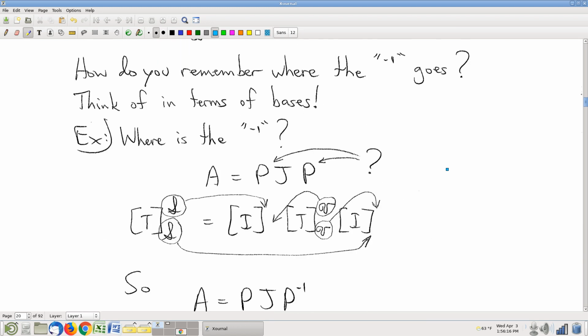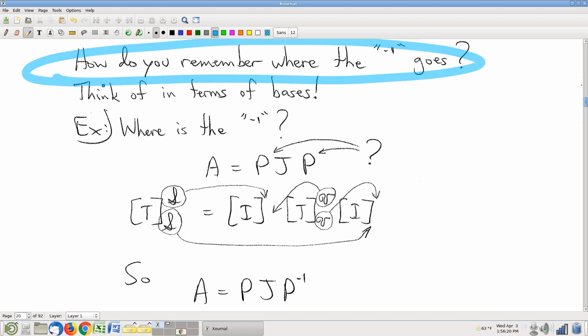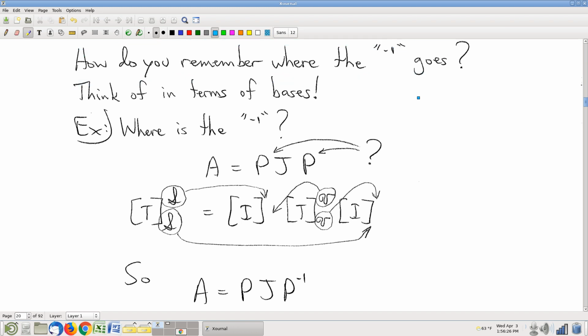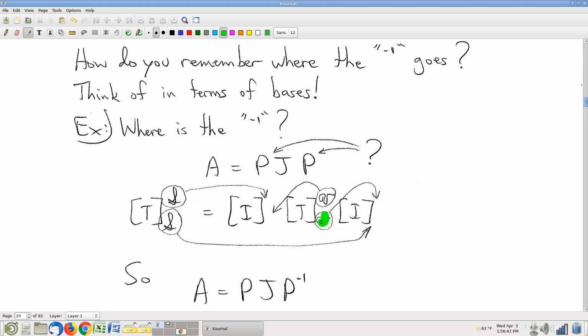A quick reminder. You remember that whole business about, how do you remember which one is the P and which one is P inverse? Exact same story here. Again, A represents T with respect to the standard basis. J represents the same T, just with respect to a different basis. So you're doing one of these change of basis conjugations, and then again, everything is kind of dictated by which bases are where.